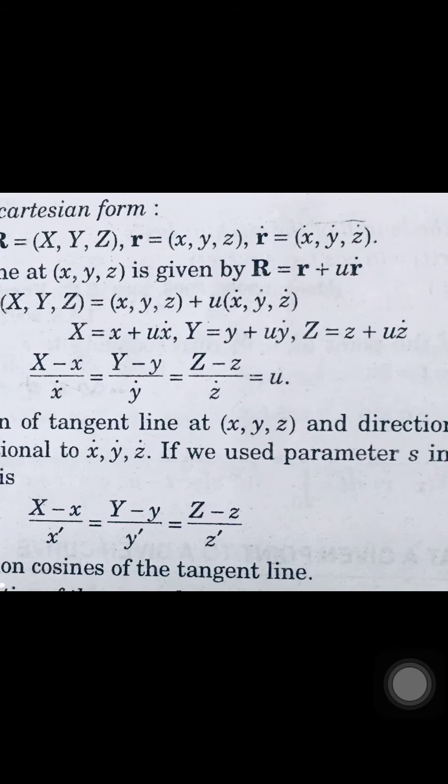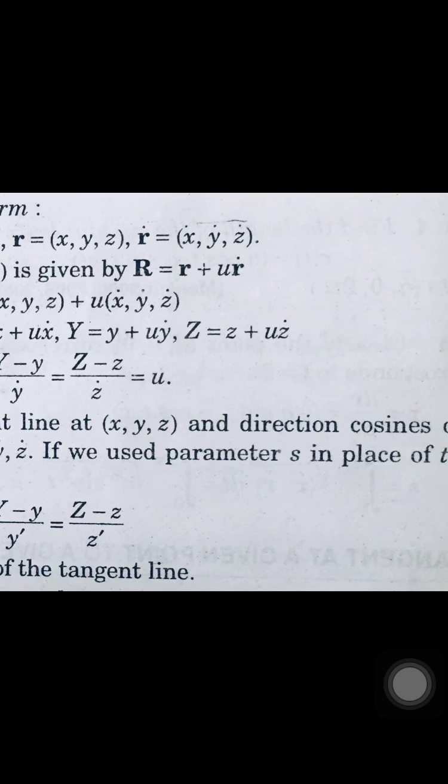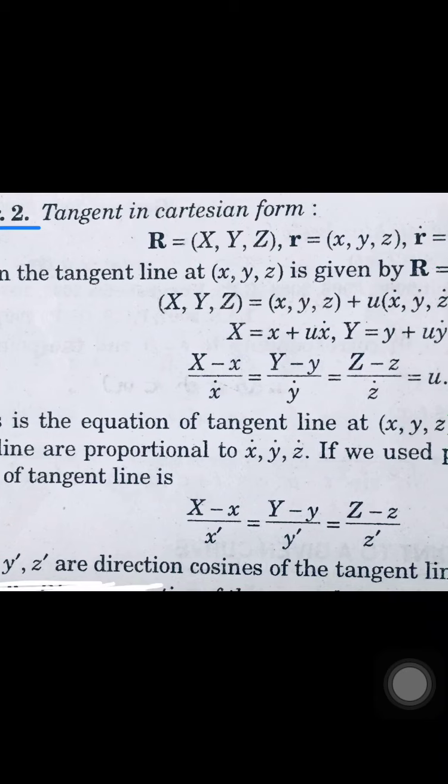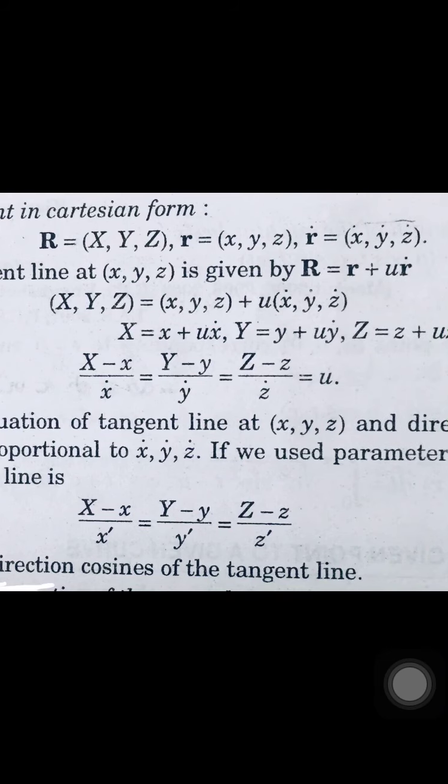So this becomes the equation of the tangent line at (x, y, z), and the direction cosines of the tangent line are proportional to the denominator terms, that are x dot, y dot, and z dot. So here the tangent line in Cartesian form is (X minus x) upon x dash equals (Y minus y) upon y dash equals (Z minus z) upon z dash.